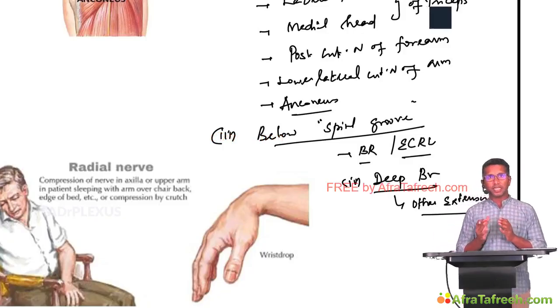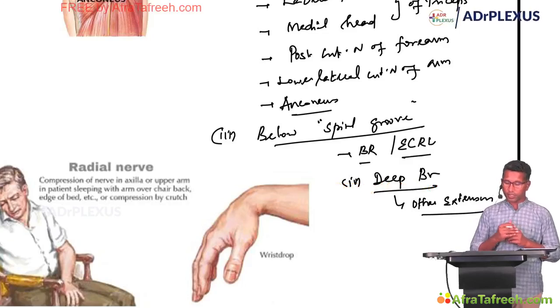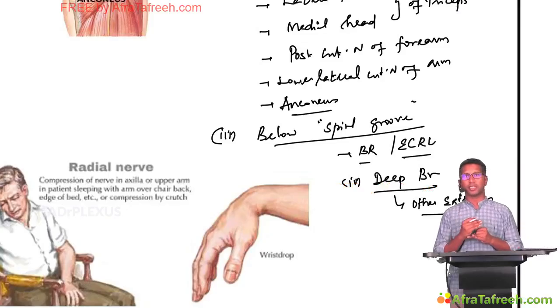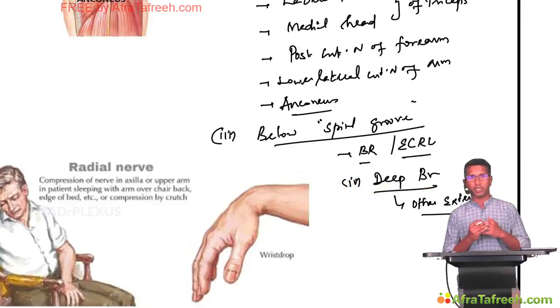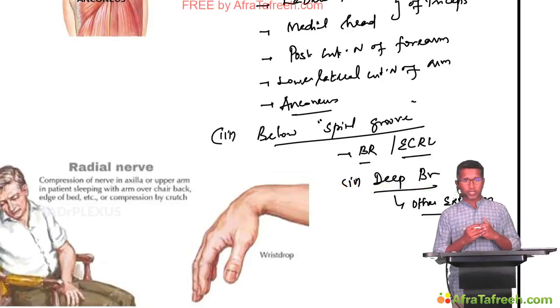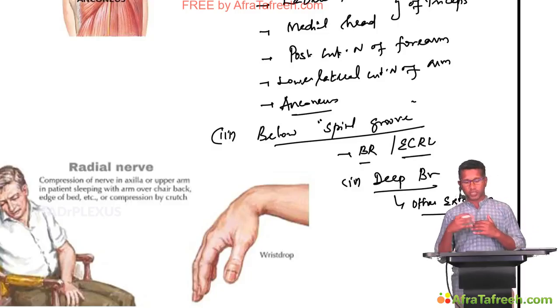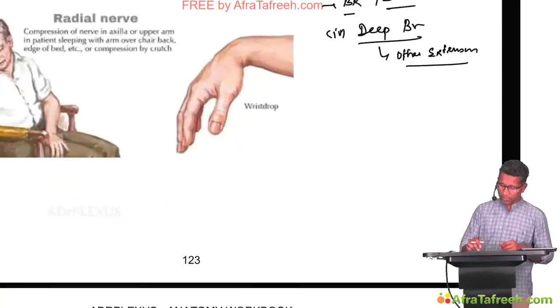Now this is very, very important, analyzing the lesion of the radial nerve at various levels. Suppose the radial nerve gets injured at or below the level of elbow, just think guys.